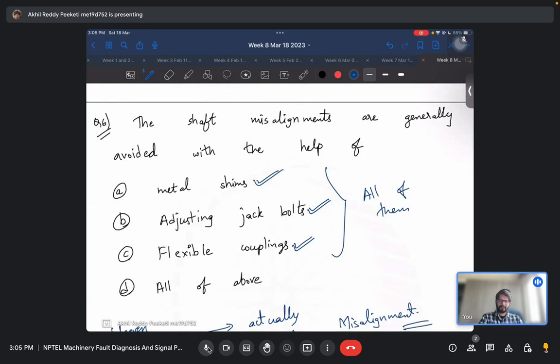Now, what are the steps that you need to do to avoid this misalignment? If you know that there is some misalignment happening, some of the ways you can accommodate this misalignment is to have metal shims or adjusting jack bolts or flexible couplings. Okay, so on a case by case basis, you can use one of them.